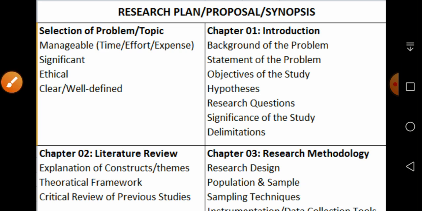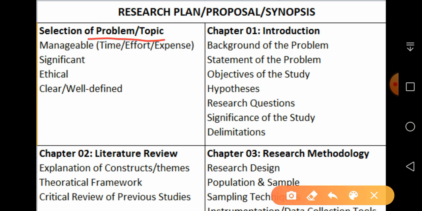Sometimes selection of a problem or topic is very irritating for BA students, but there are so many educational problems, particularly in the area of ELT, English language teaching, linguistics, or literature, which students can take up. Maybe research has already been done in another part of the country or elsewhere in the world, but it doesn't mean that our students can't do the research again.